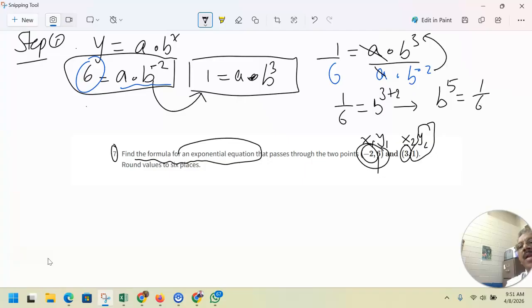And then we can directly write B is 1/6 raised to the power 1/5, since the 5 on the other side goes as 1/5. And that's what we put on the calculator. Remember, it is 1/6 raised to 1/5, right?